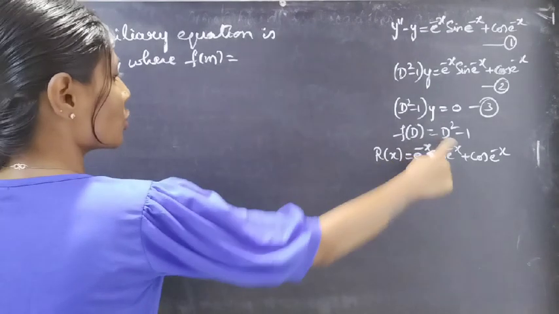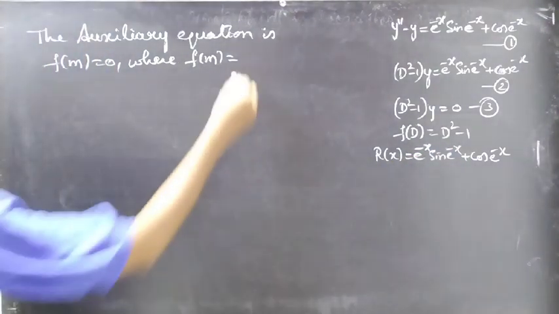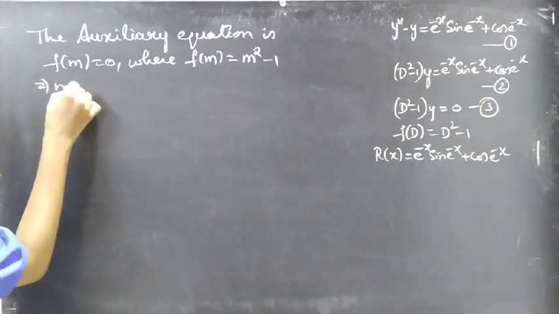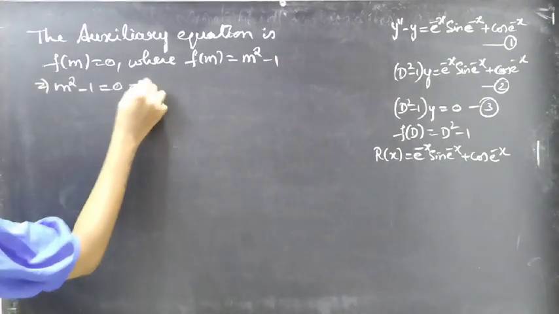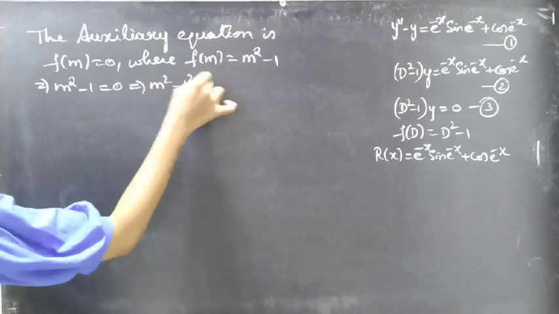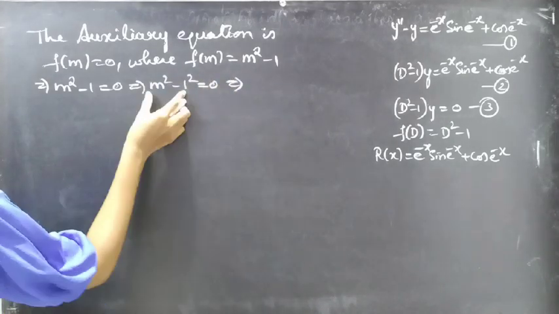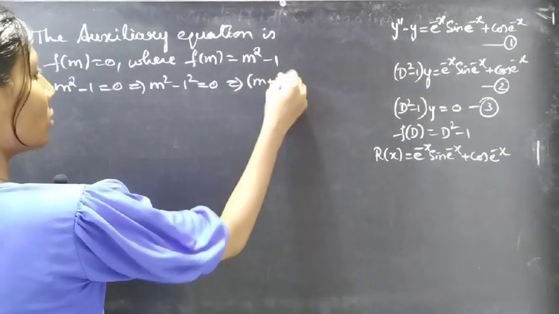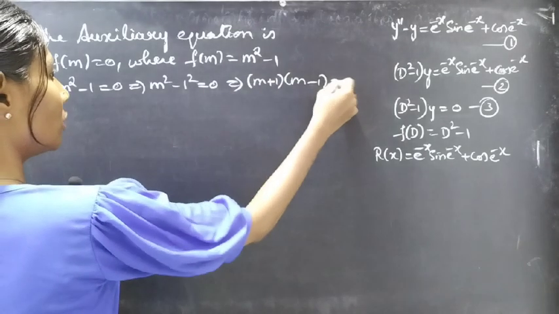Let's replace the differential operator D by m, so that we'll get f of m equal to m square minus 1. Now the auxiliary equation becomes m square minus 1 equal to 0. We can write 1 as 1 square. So this is of a square minus b square form, so we can write this as m plus 1 into m minus 1 equal to 0.